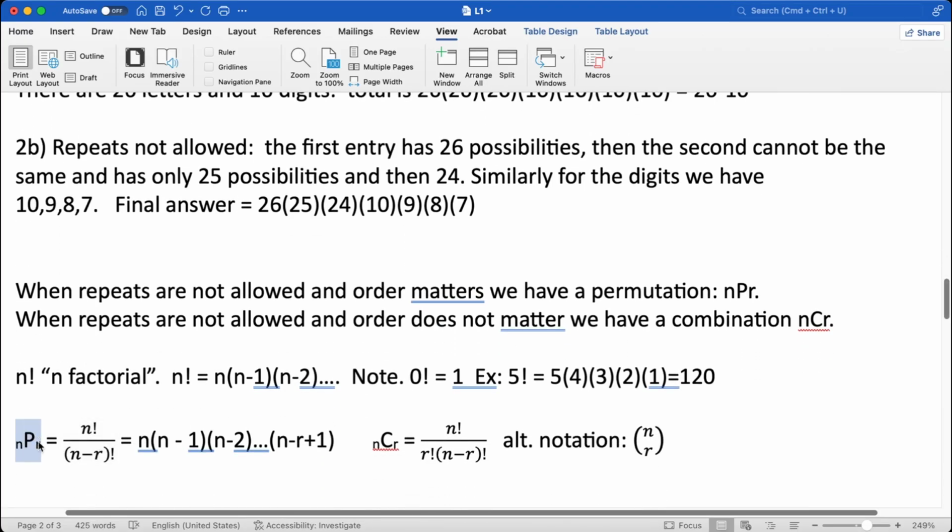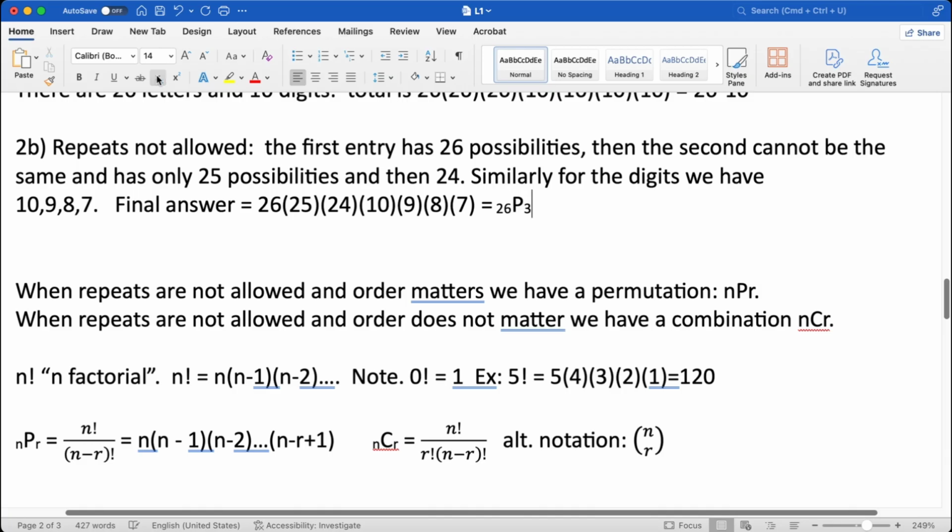We could express this as 26P3 times 10P4.